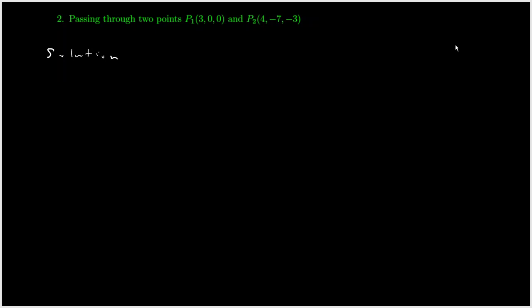Tell me 2 letters, please. So does that make sense? P1P2 is a direction vector. It's in the same direction as the line. It's on the line. It's kind of parallel, right? Okay.